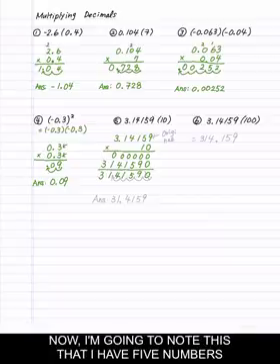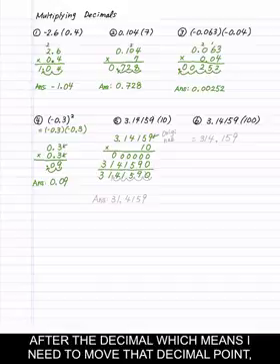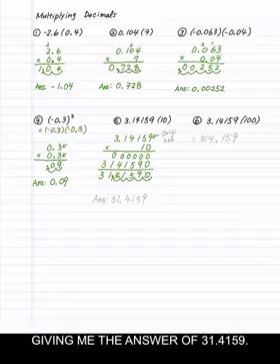Now, I'm going to notice that I have 5 numbers after the decimal, which means I need to move that decimal point 1, 2, 3, 4, 5 places, giving me the answer of 31.4159.